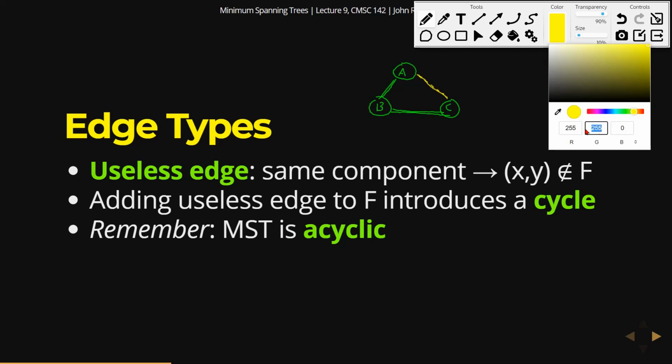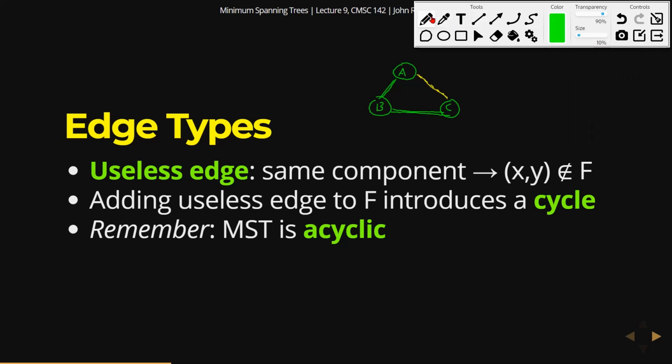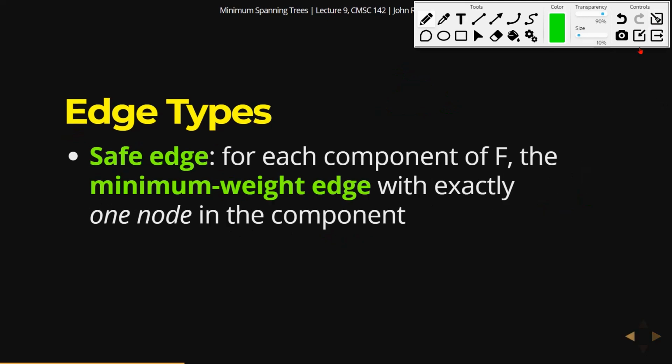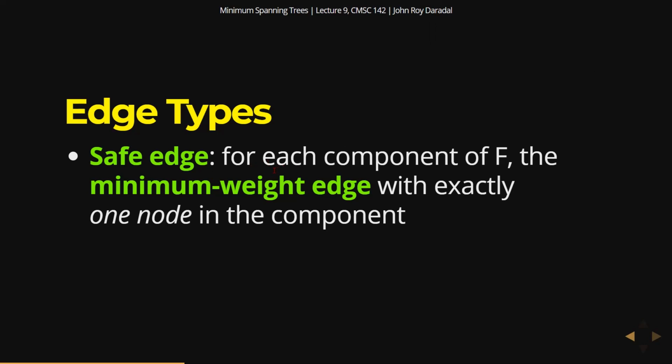Okay, so now the next type is something called the safe edge. For safe edges, for each component of F, it's the minimum weight edge with exactly one node in the component. Since you want to expand or merge nodes together, you need to make sure that there's only one node in that component, meaning the two nodes in the edge don't belong to the same component.